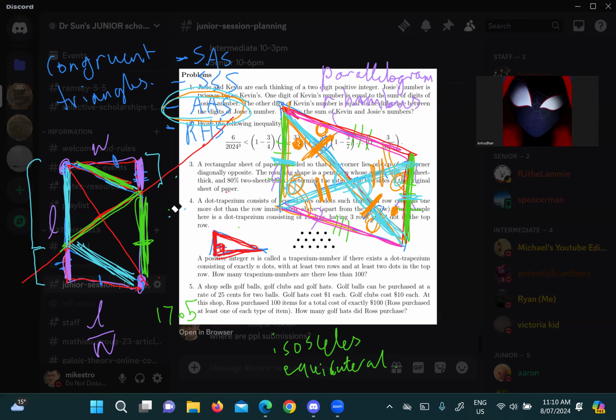That line bisects the other line. Okay, very good. So this line bisects that line. We know these lengths are all the same, right?